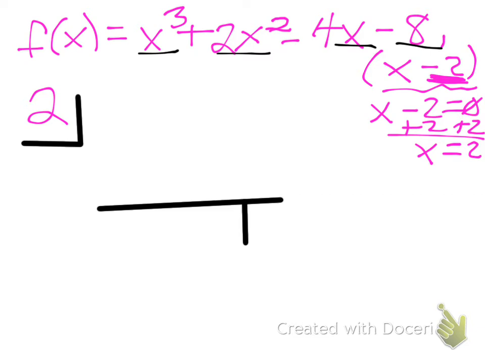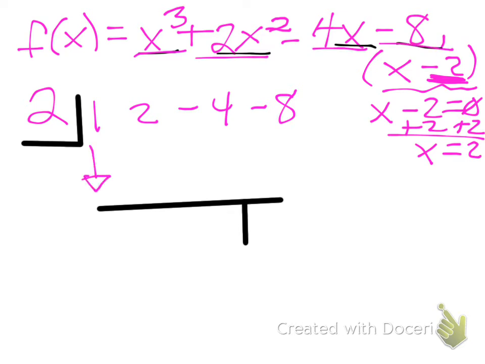I am going to write down my coefficients. So I have the coefficient for x cubed is 1, then 2, then negative 4, and then negative 8. Kind of wrote too big, didn't I? So I got 1, 2, negative 4, and negative 8. I got all of these from the coefficients in the problem that was given to me.